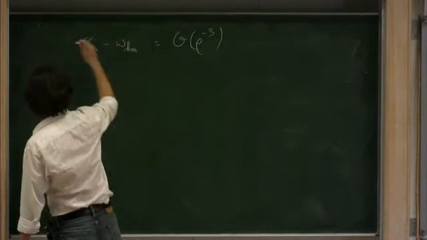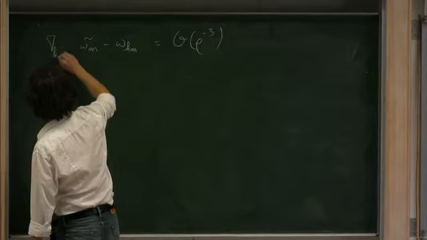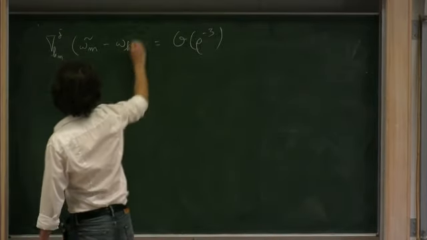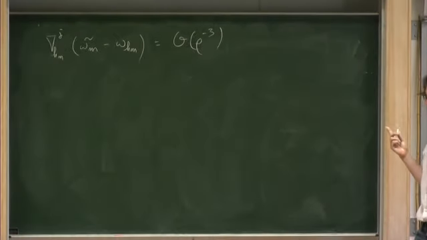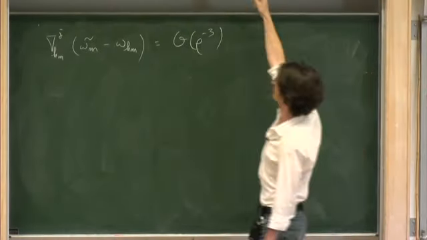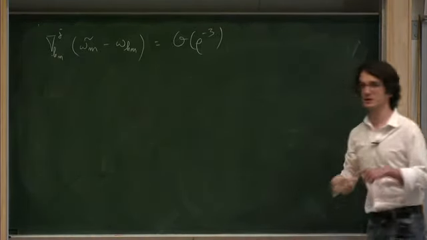A surprising fact somehow is that when you take derivatives, you actually don't improve this asymptotics because of the error terms hidden in there, which are, so to speak, Euclidean error terms.